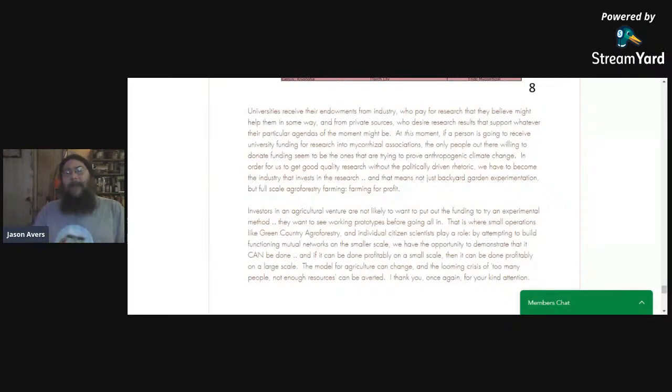Whenever we do this in our backyards, we're doing small scale working models demonstrating proof of concept. If I can get blueberries to grow in the shade of nut bearing trees here in the yard, then I can demonstrate that this works.